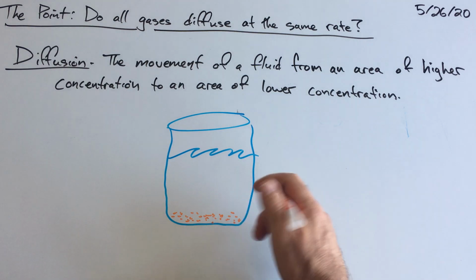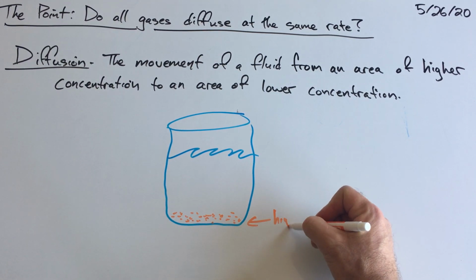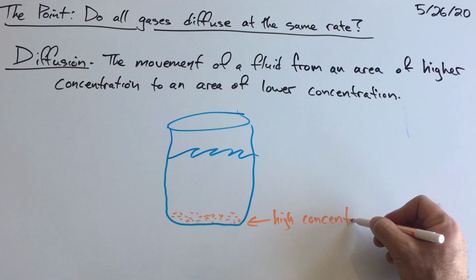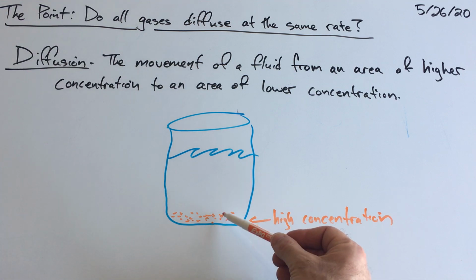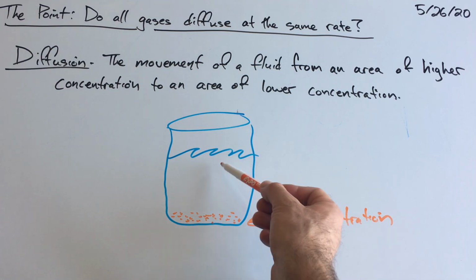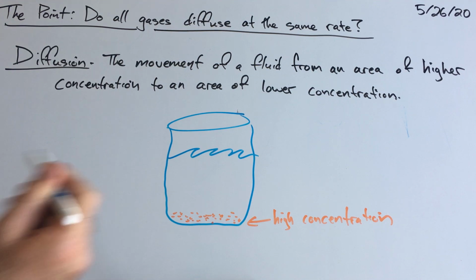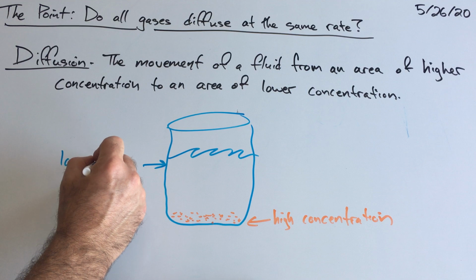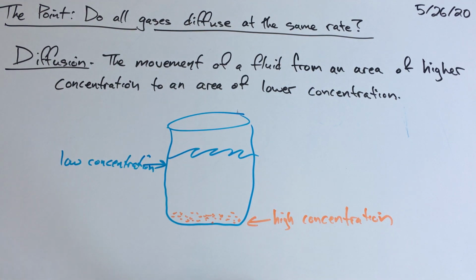Well, right here, right now, there is a very high concentration. There is a lot of lemonade powder down here, and this area up here clearly has low concentration. There's not much lemonade powder at the top at all, right?